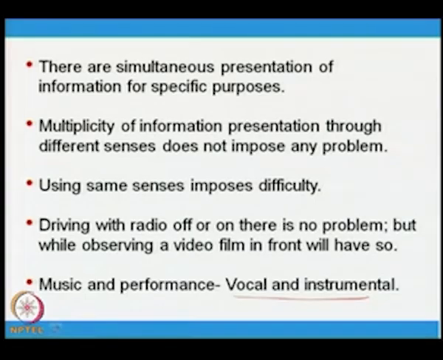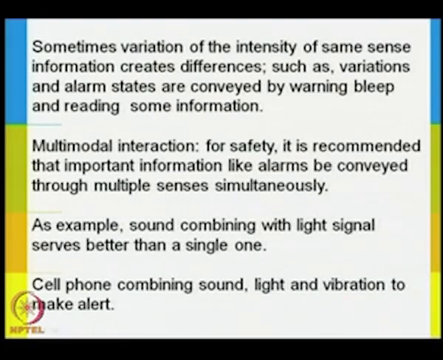Sometimes variation of the intensity of the same sense information creates differences, such as variations in alarm states conveyed by warning beeps and reading some information.